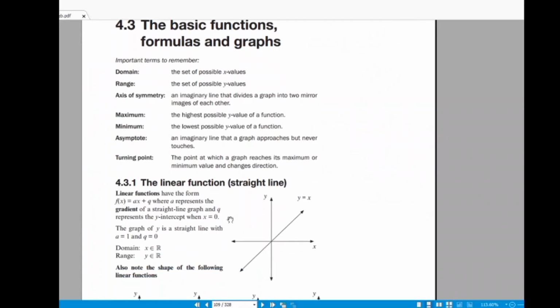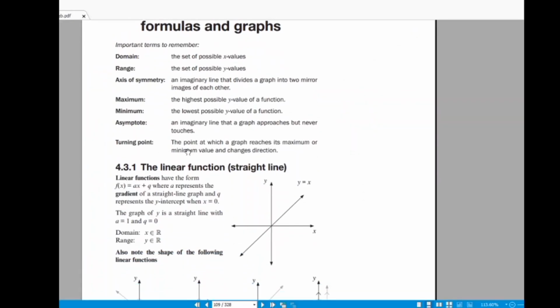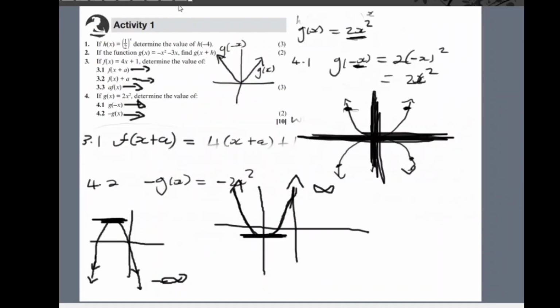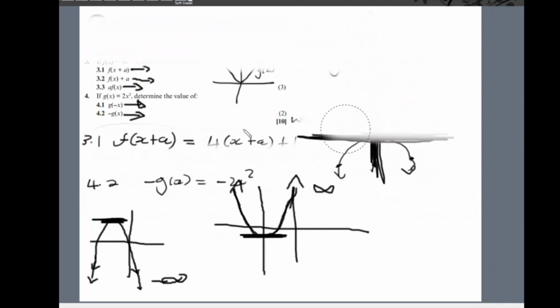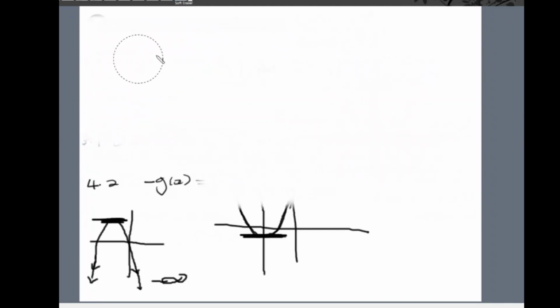The turning point of a graph. Okay, asymptote. An asymptote is an imaginary line that a graph approaches but never touches. I'm sure, Guti, you know what an asymptote is from our graphs with hyperbolas or exponential graphs, right?